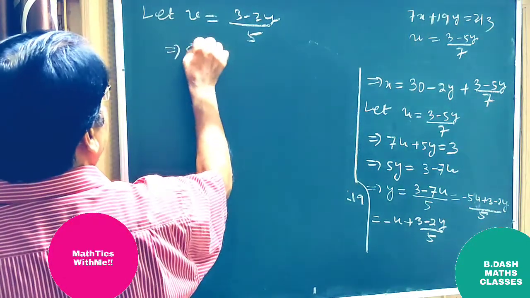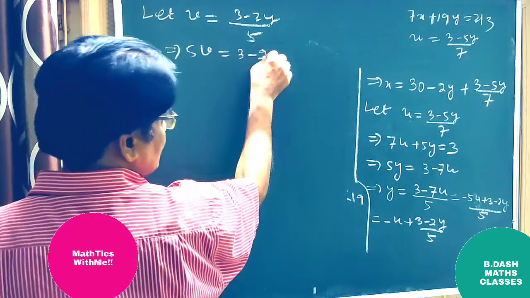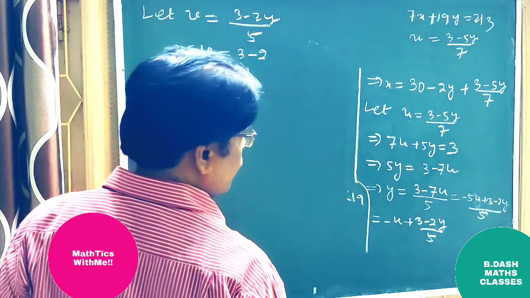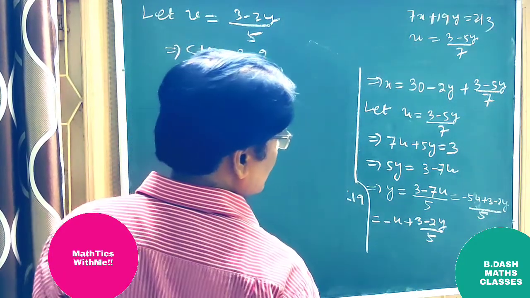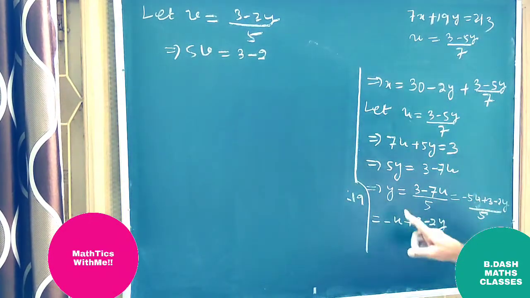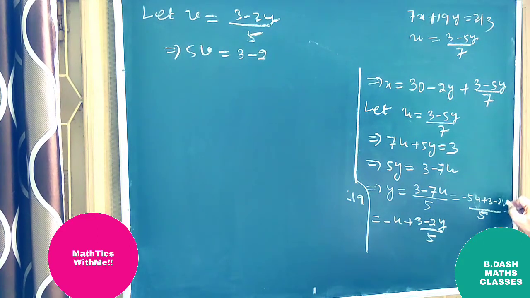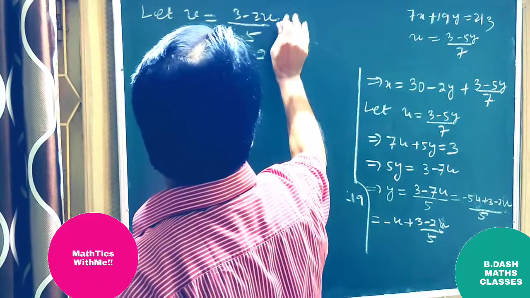So this means 5v is equal to 3 minus 2u.